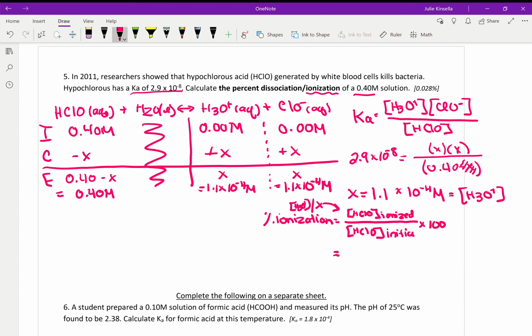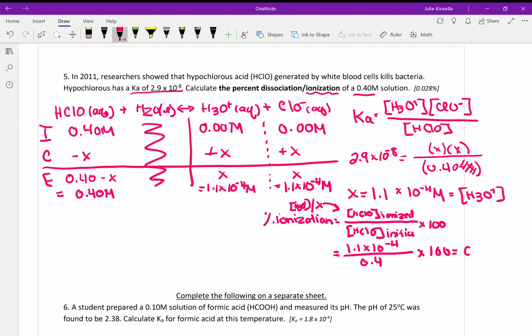So we got the concentration that ionized, which is the concentration of hydronium, or our change of x there, is going to be 1.1 times 10 to the -4 that we got over our 0.4 times 100.